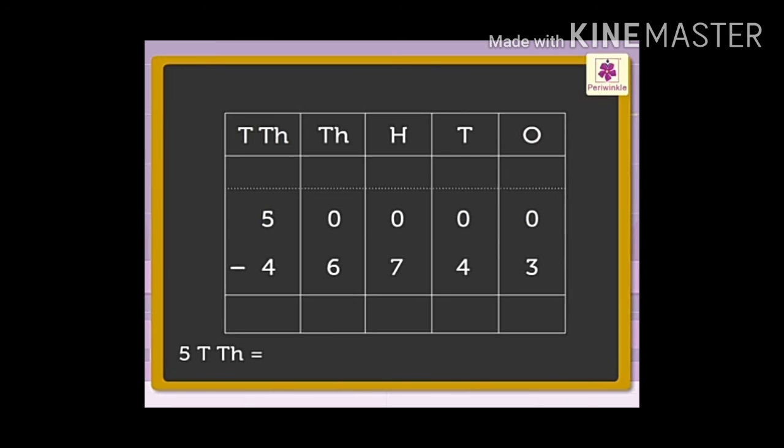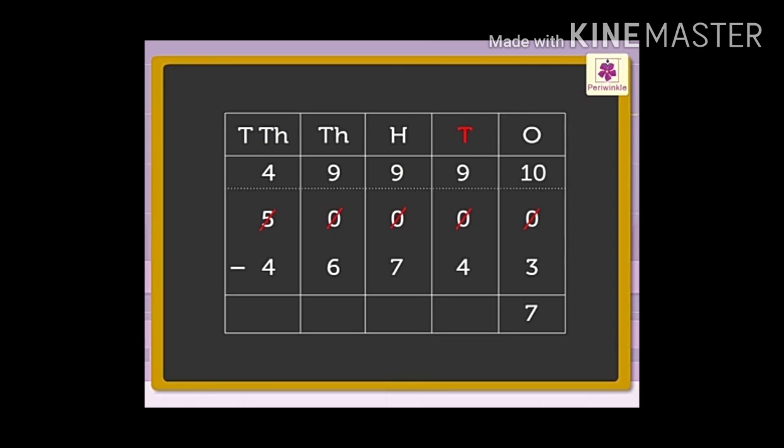How? 5 ten-thousands is equal to 4 ten-thousands plus 9 thousands plus 9 hundreds plus 9 tens plus 10 ones. When you regroup it, then you can subtract the numbers. So first ones place. 10 minus 3, 7.